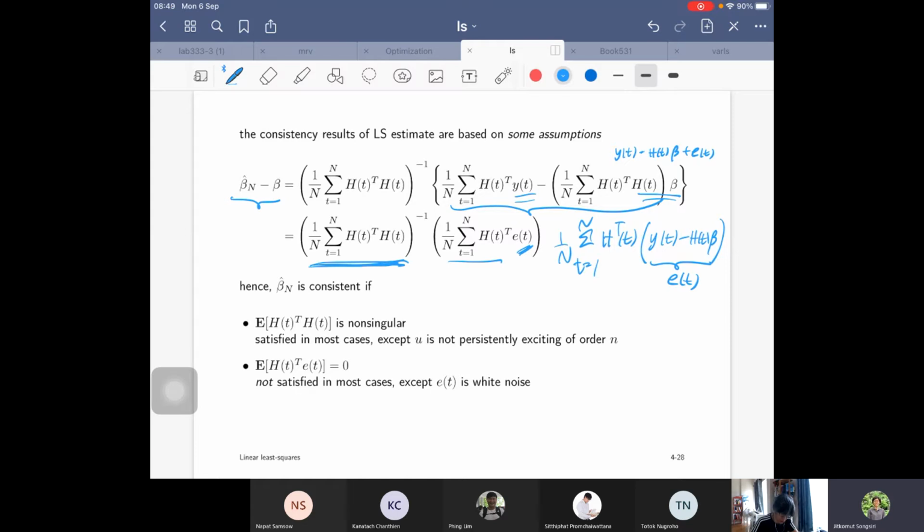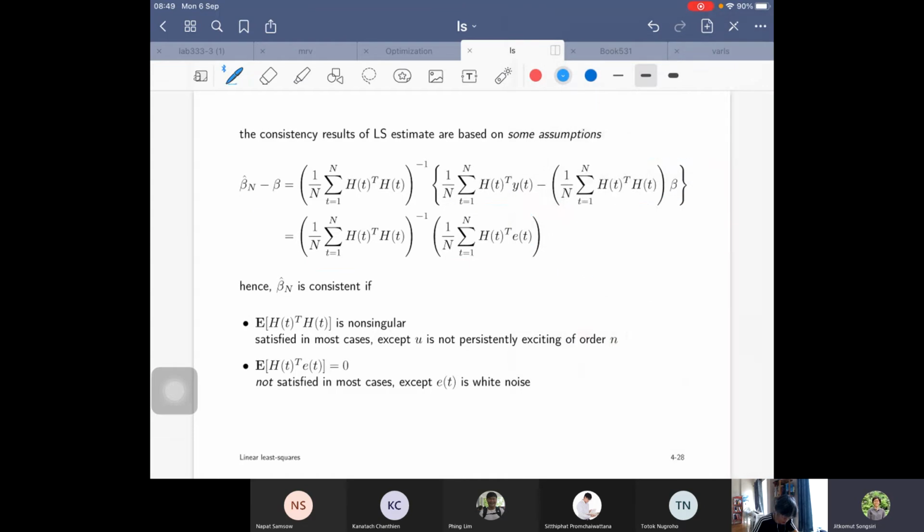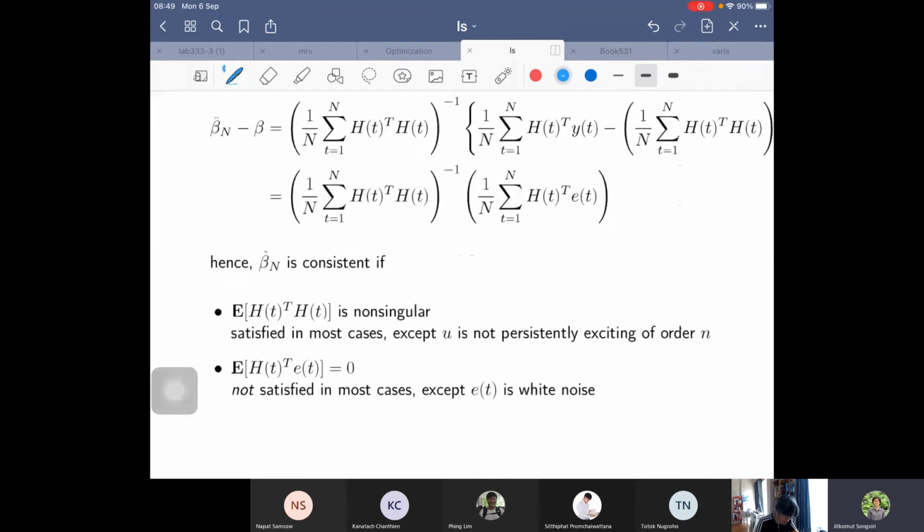Now, when you see this expression, we can apply the law of large numbers, because this is the sum of many terms when you allow n to be big. As I said before, this term can be approximated by the expectation of HT transpose HT, and this term is the approximation of HT transpose ET.